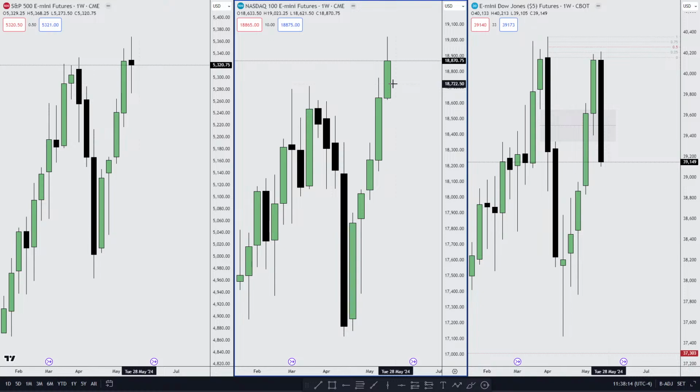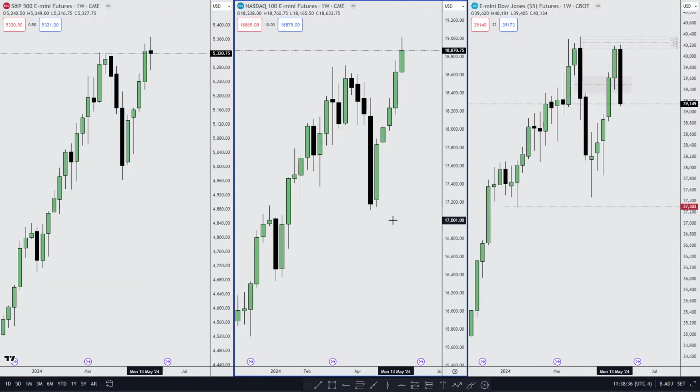To anticipate any form of reversals, you would like to see SMT between Q3 and Q4 highs, which is why I've pointed out that 1 hour swing high and the rejection blocks on the daily and the 4-hour time frame. Those are very important. Okay, so with that in mind, heading into next week, I will be bearish.